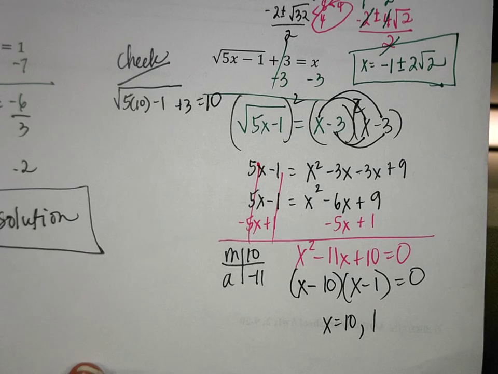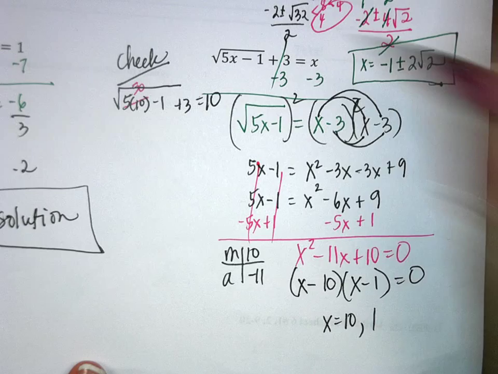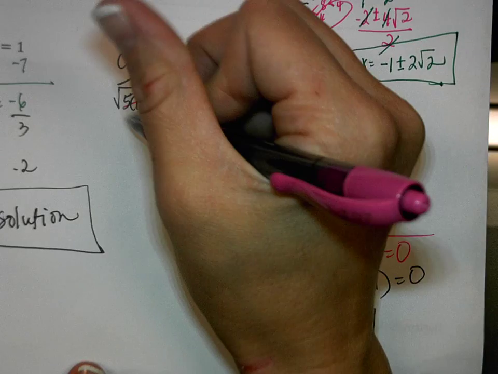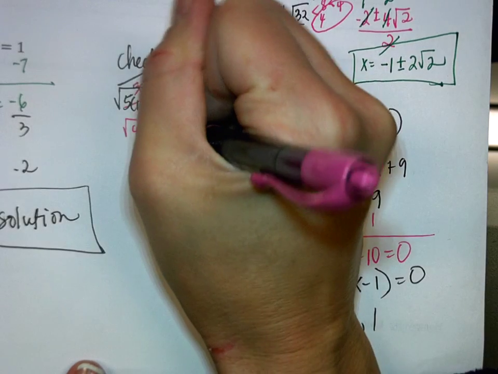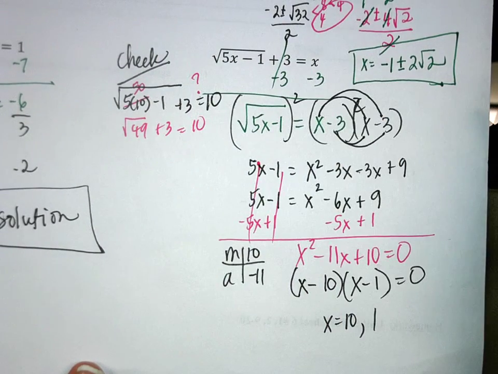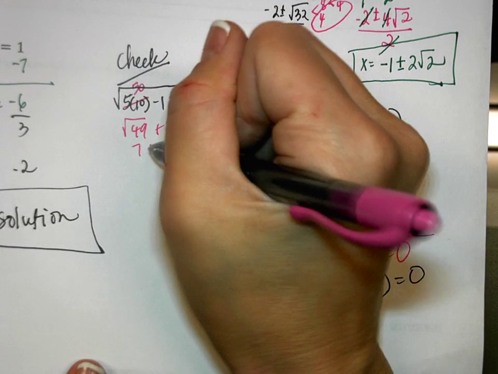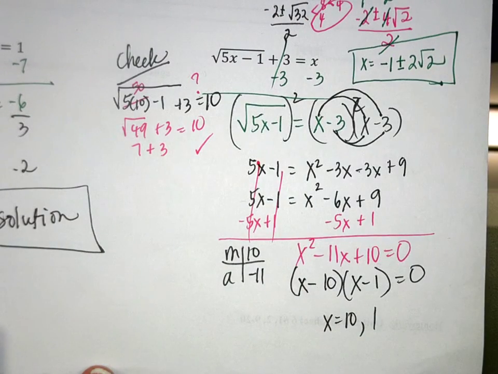Okay, what is 5 times 10? 50. And what's 50 minus 1? So I have the square root, and sorry, I forgot to put the question mark there, the square root of 49 plus 3 equals 10. Square root of 49 is 7, and does 7 plus 3 equal 10? Okay, so 10 works. Now let's check the other one.